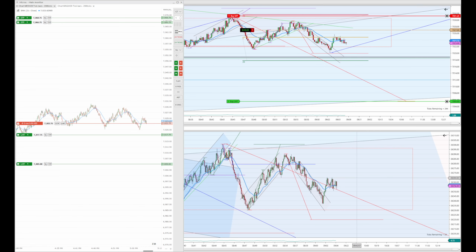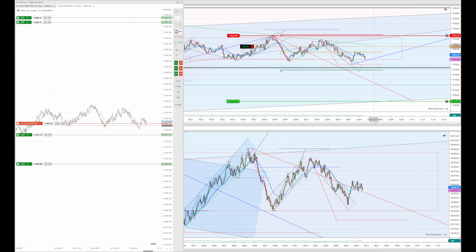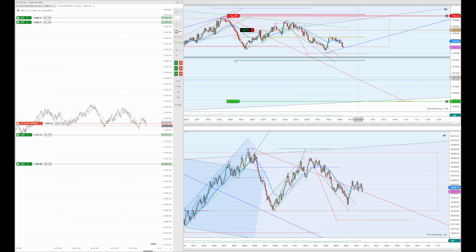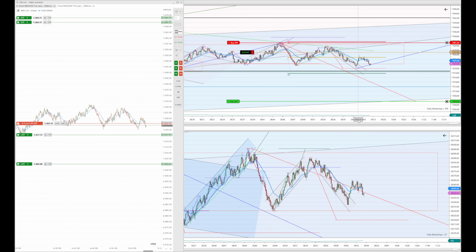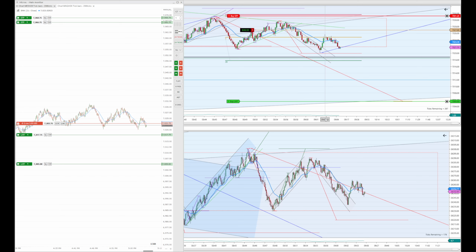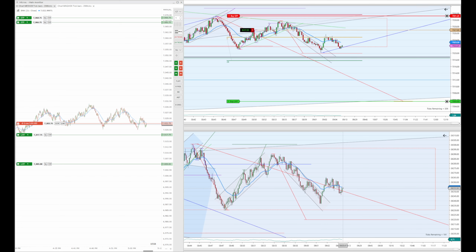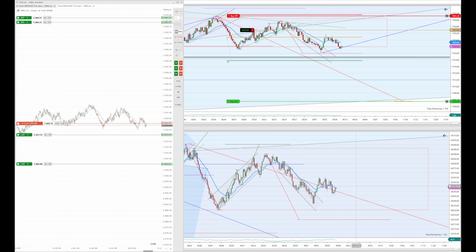Alright, looking good. A lower high would be good here in NQ.